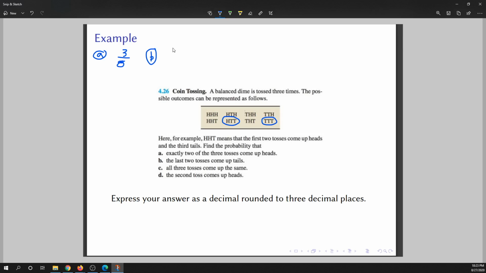So there's only 2 ways that that can happen, right? So the number of outcomes in the event that the last 2 tosses come up tails is 2, and then the number of elements in the sample space is 8. And that's a pretty sad looking 8 over here, so let's redraw that.